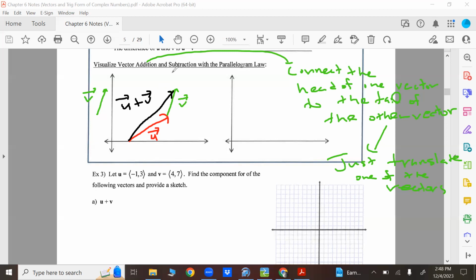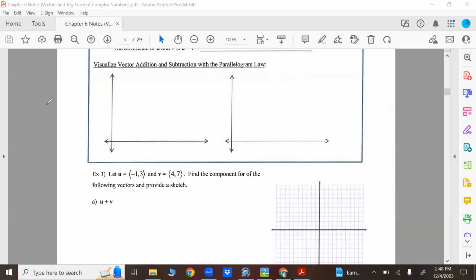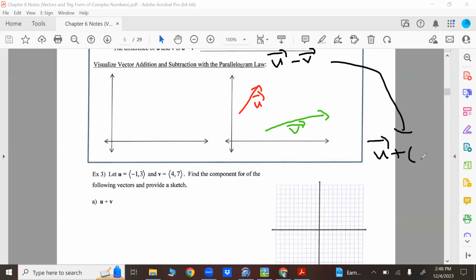Now, if you want to subtract vectors, here's what you do. I'm just going to totally make this up. Let's say this is U, and say this is V. So if you're doing U minus V, you want to do vector U minus vector V. Think of it like this: vector U plus the negative of vector V. So what's the negative vector V going to look like?